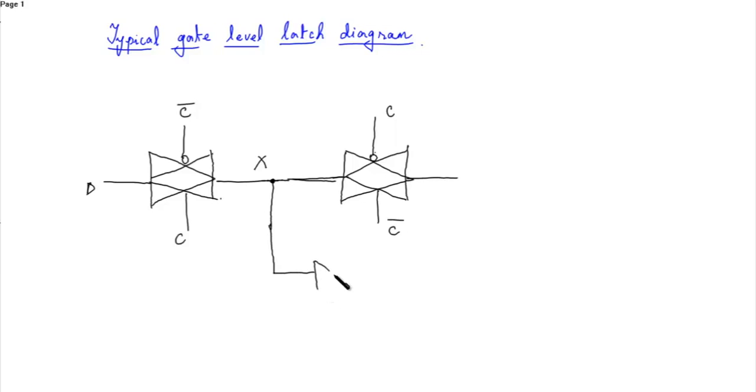This is inverter 1, inverter 2, and this is the output Q.